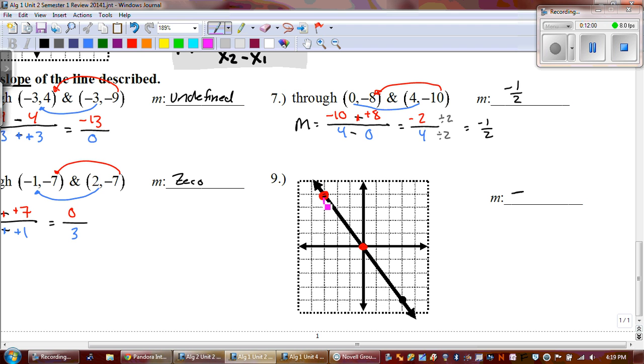So we go down 1, 2, 3, 4. I go down 4, and then we go to the right 3. And that gives us our slope right there, -4 over 3. Make sure that looks like a negative sign, Mr. Grice. So -4 over 3.